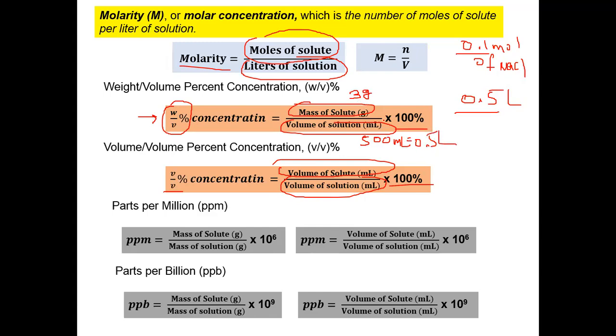You divide these 3 grams by 0.5, and then you multiply by 100%. That's going to be the weight volume concentration. The same approach applies for volume percent concentration: you take the amount of solute in volume, the amount of solution in volume, and multiply by 100%.